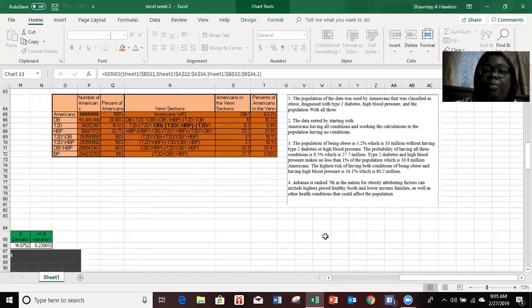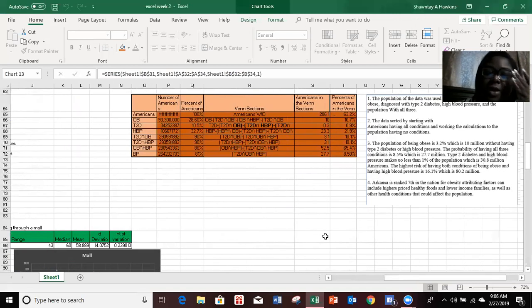Arkansas is ranked number 7 as the highest state for obesity. I wonder why. So the population of being obese is about 3.2%, which is 10 million without having type 2 diabetes or high blood pressure. So, I mean, that's a lot of people.